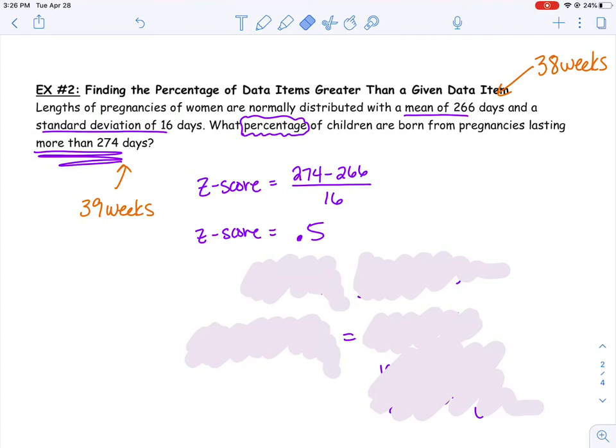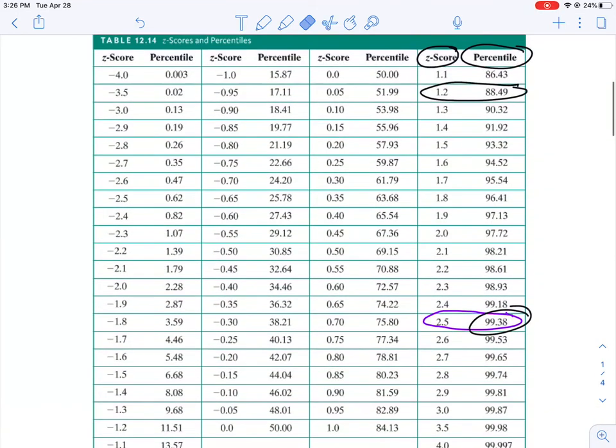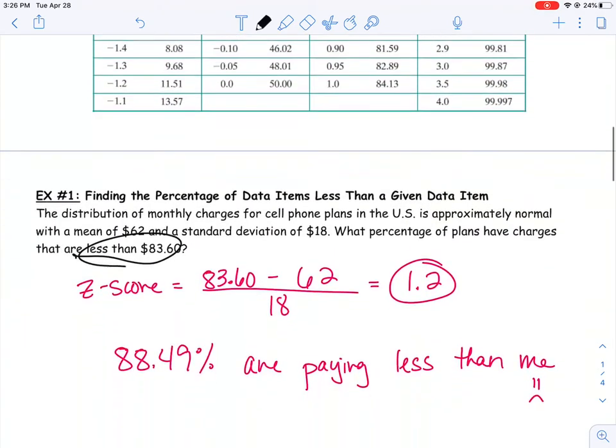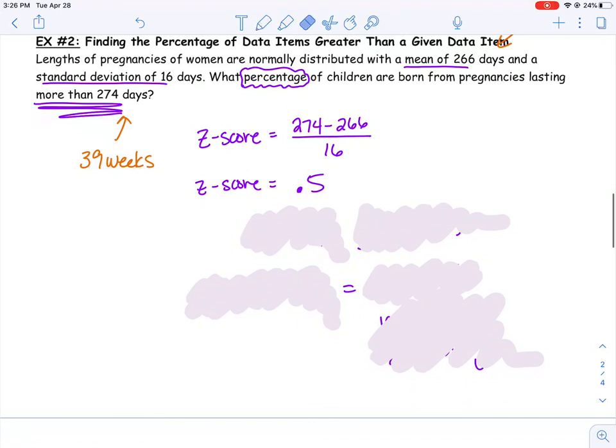Now, using my chart, I need to figure out what percentile I'm in. Not 0.5%, 0.5 as a z-score would be the 69.15 percentile.